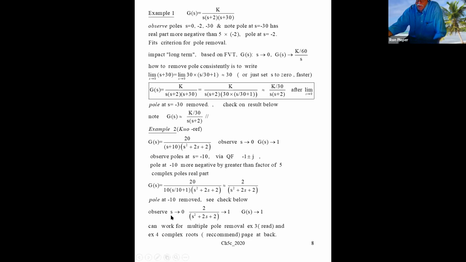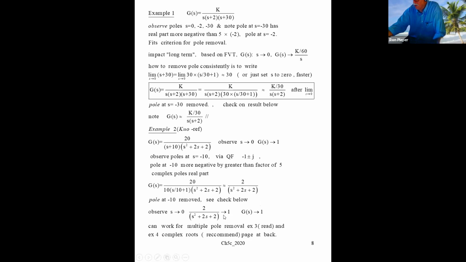So we can always do a quick check. If we take the limit as s goes to 0, back here you would have gotten 20 divided by 10, which is 2. 2 divided by 2 is 1.